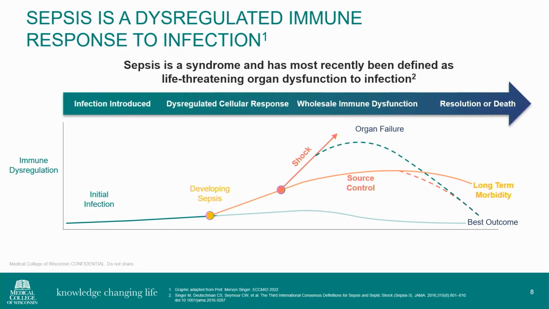We then see the patient progress to shock if we don't get the infection under control, and with shock comes organ failure, and with organ failure comes death. So if we can identify who is at risk of infection earlier, we can prevent that patient from moving into septic shock, and we can move towards our best outcome, which is that the patient responds, and we get the dysregulated cellular response under control.